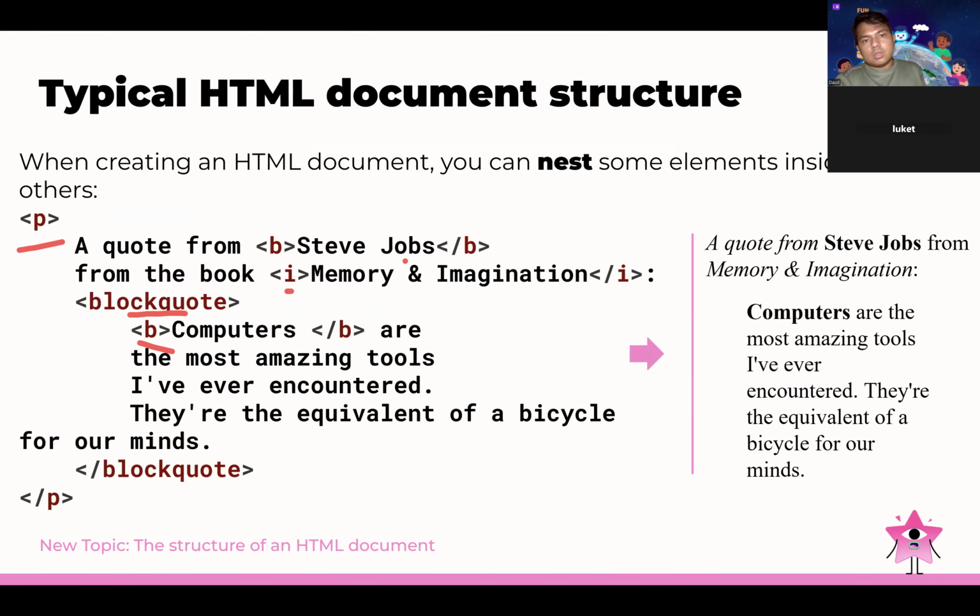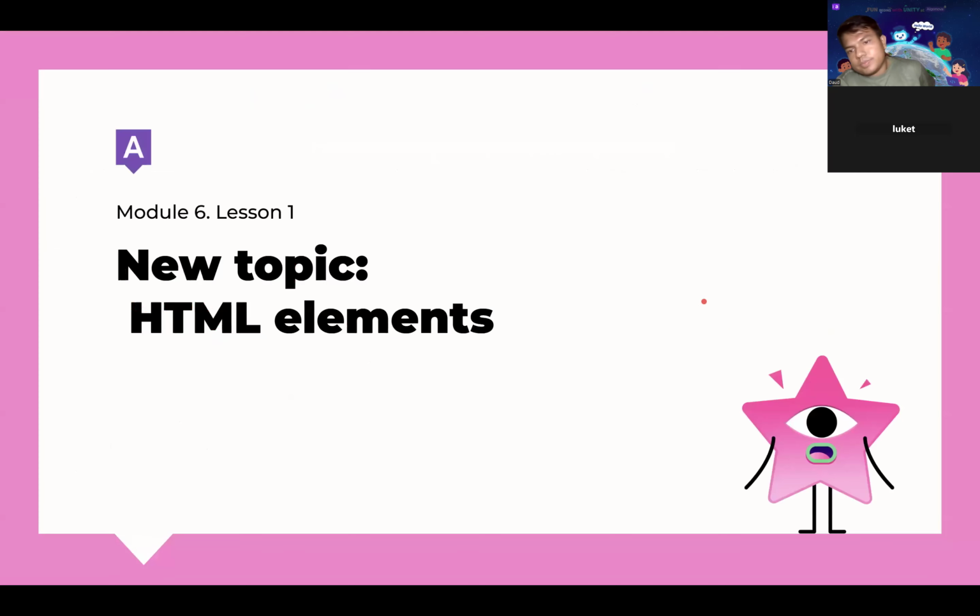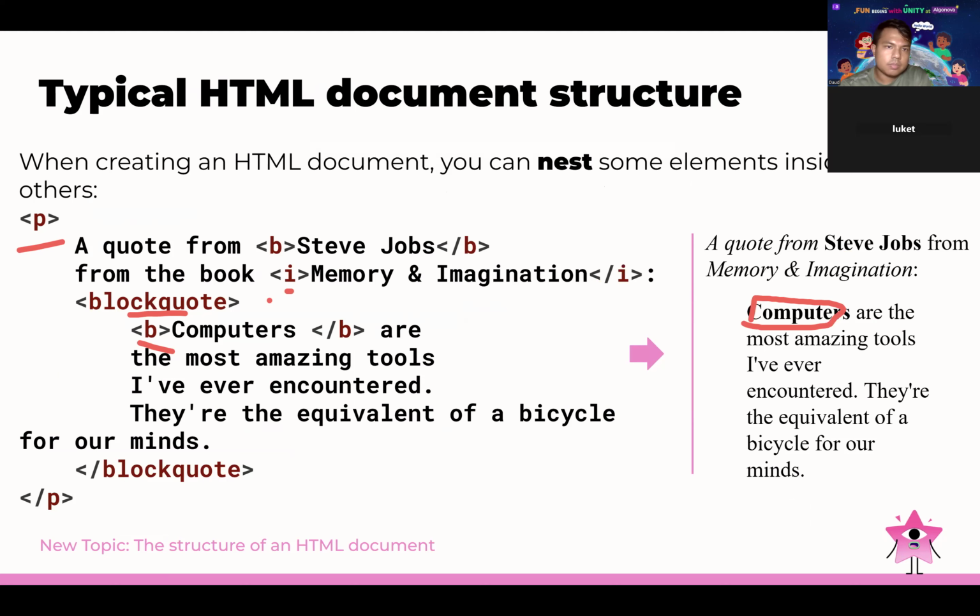Sir, what is the tag B? Bold. Make it black. What is I? Italic. Italic.